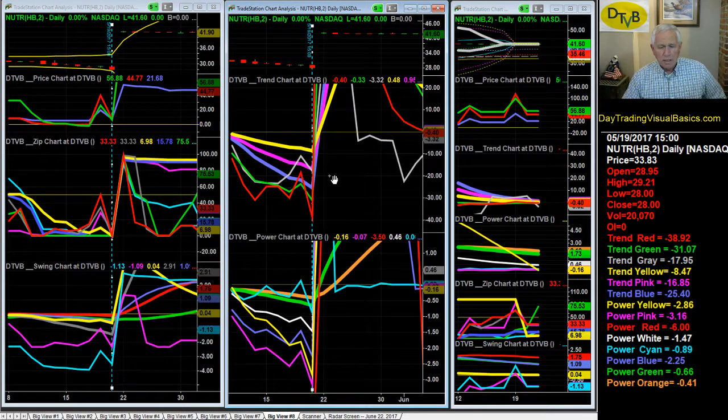The trend chart here shows that the trend red, green, and gray are in a TOC pattern, and the power indicators show us that Power Zion is highest underneath power orange, and power pink, which is our deep cycle indicator, is lowest at this point. So we're down at a very low deep cycle indicator.